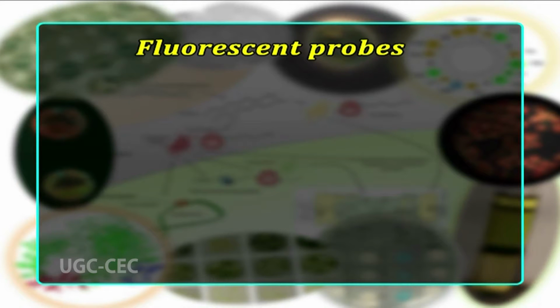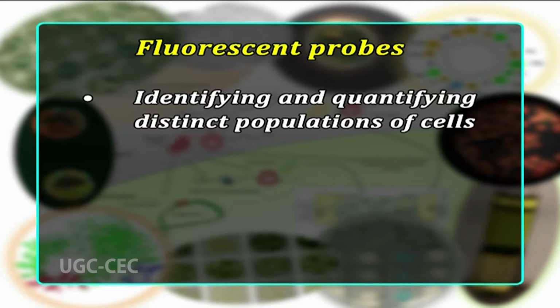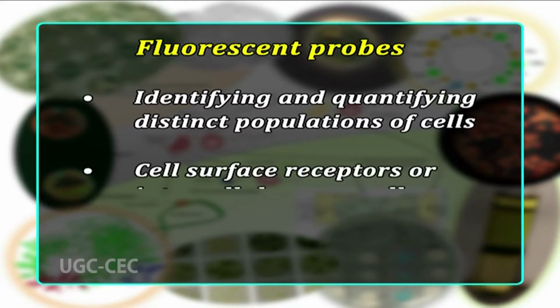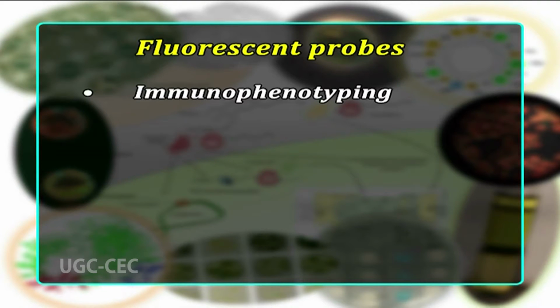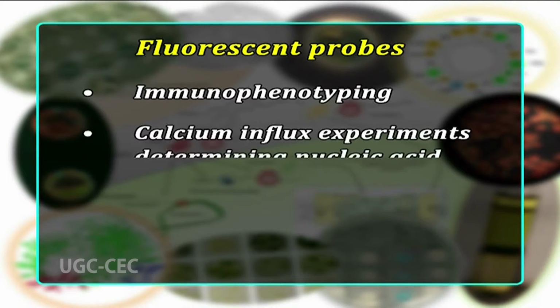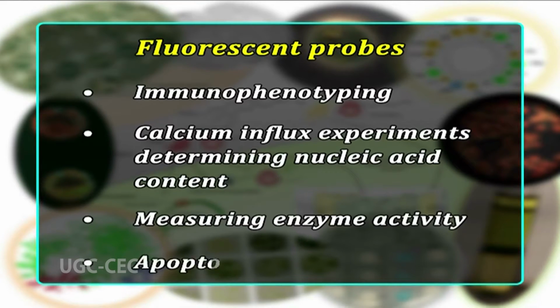Fluorescent probes are useful in a wide range of applications, including identifying and quantifying distinct populations of cells, cell surface receptors or intracellular organelles, cell sorting and immunophenotyping. Calcium influx experiments, determining nucleic acid content, measuring the enzyme activity and apoptosis studies.